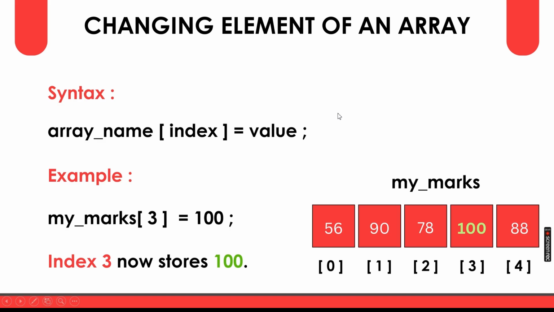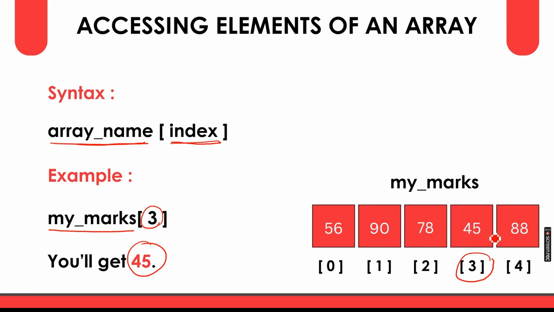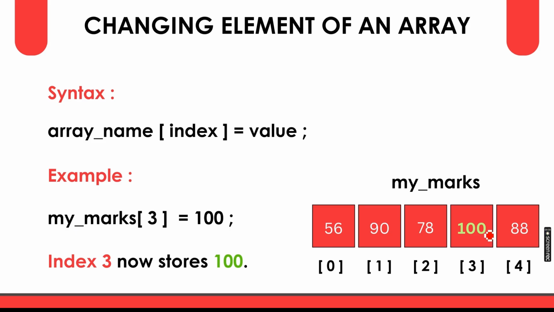Now what if you want to change some elements in the array? For example, here I have an array, my marks, and earlier it had 45 at index number 3. I want to make it 100. What will I do? I'll just access the element at index number 3 and assign it the value 100.